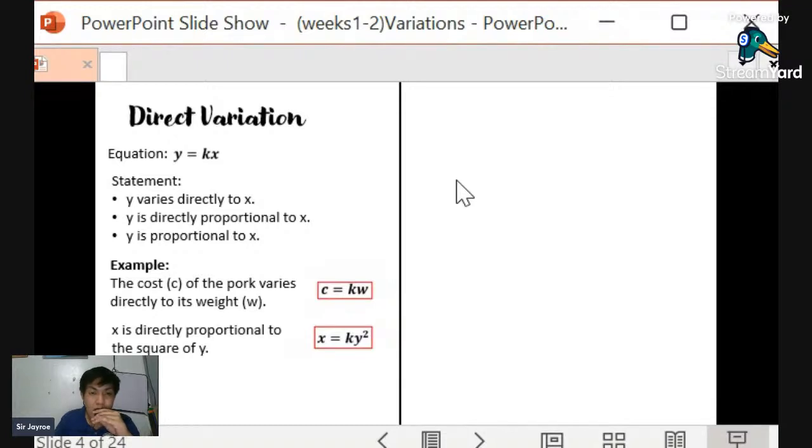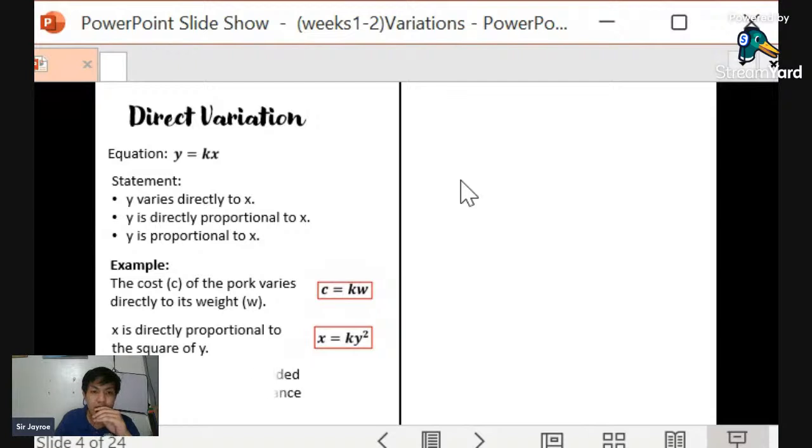Okay? So kung ano yung nakalagay dun sa statement, kung ang nakalagay sa statement ay capital letter, so ang gagamitin natin sa equation ay capital letter din. Kung ang nasa statement ay lowercase na letter or small letter, so dapat small letter din ang gagamitin sa equation. Okay? So I hope you're getting it, ha?